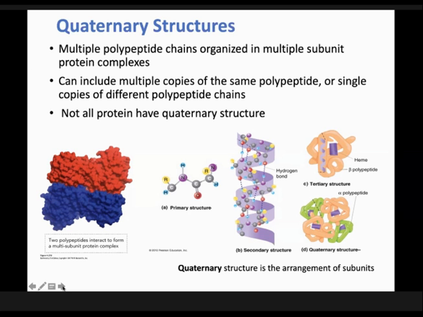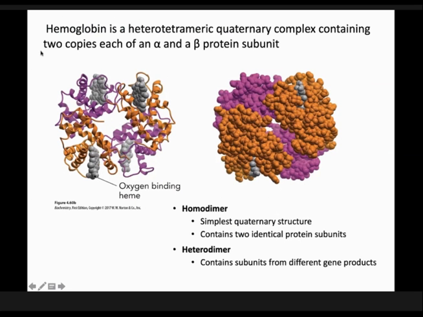An example is hemoglobin. Hemoglobin is this huge protein, right? It's a homodimer because it has the same units, but there are subunits, right? There are 4 different units that are bound together. That's the quaternary structure, okay?